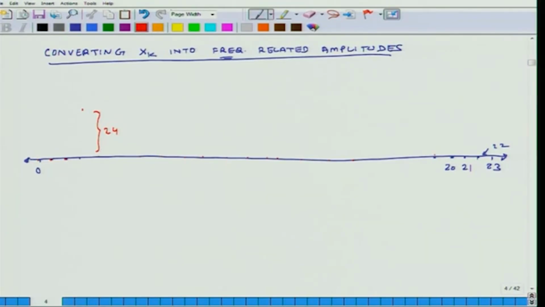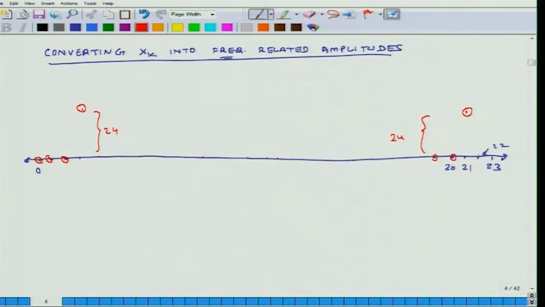So at 19 also it was 0, it was 0 at 20, but at 21 it was again the magnitude 24.